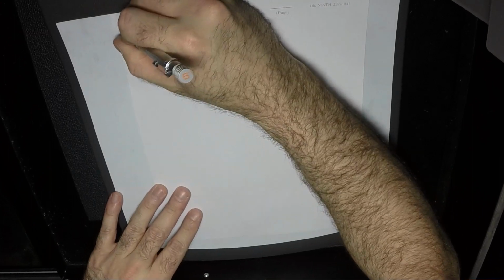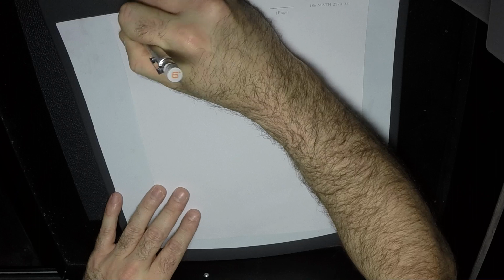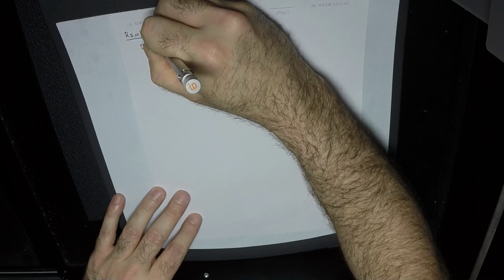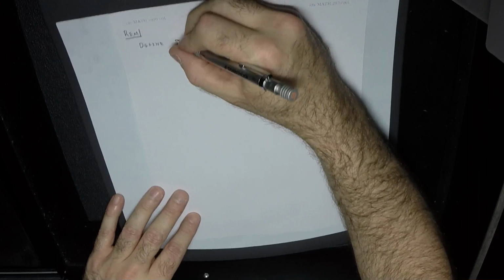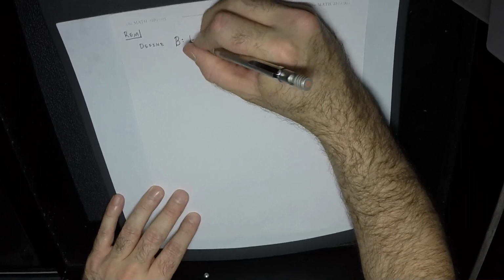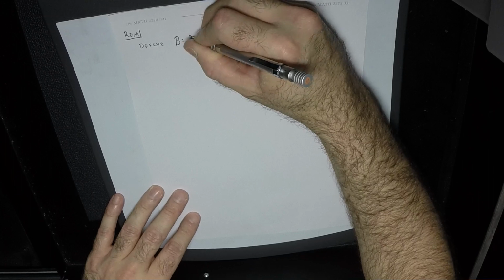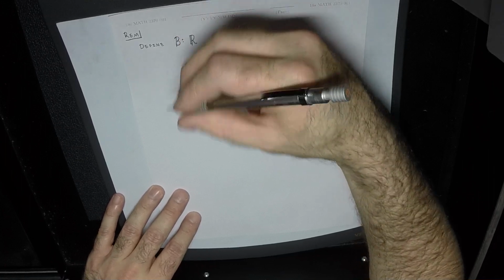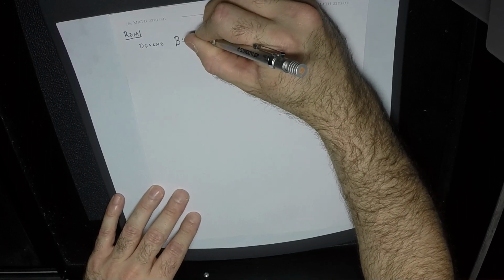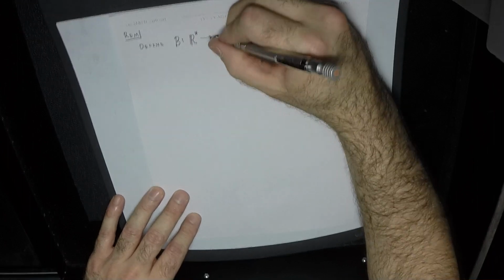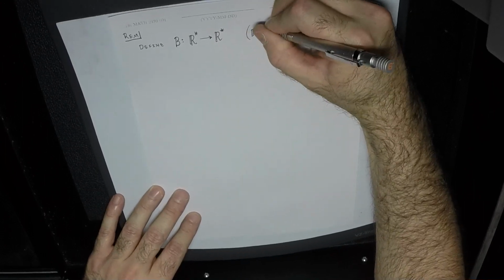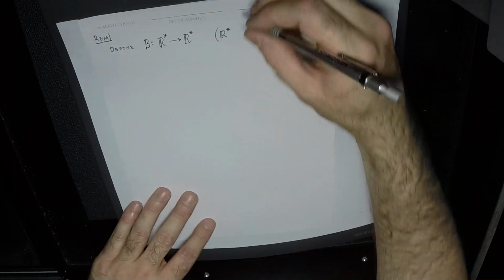So let's make it a little more formal for a moment. Let's define, I'll call it B, from the reals. Well, I'll say real star to real star, and by real star, I mean the non-negative ones.